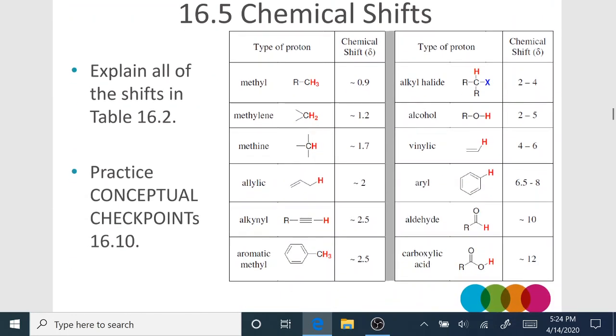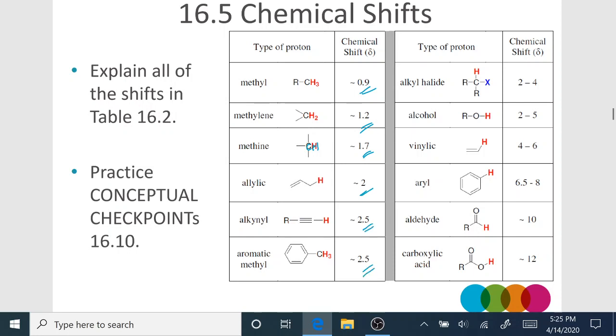So here's where we see some chemical shifts. I usually just use a table like this. So a methyl group is going to be at around 1, methylene 1.2. A methine, meaning we have a carbon with just 1 hydrogen and 3 alkyl groups, is 1.7. Allylic is about 2. Alkynyl, 2.5.